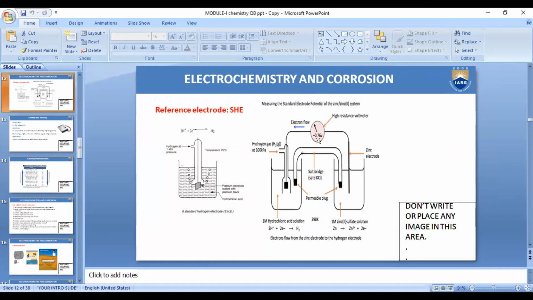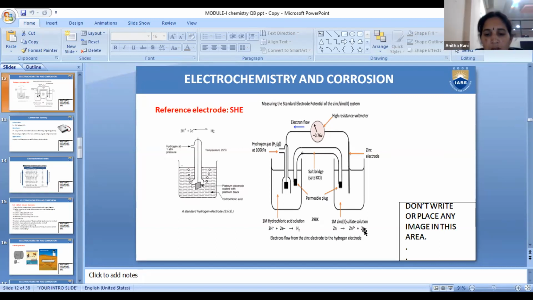In this, zinc will undergo an oxidation reaction, and the hydrogen electrode will undergo a reduction reaction. You can see the reactions. Zinc is undergoing oxidation, losing electrons from the zinc electrode: Zn gives rise to Zn2+ plus 2 electrons.